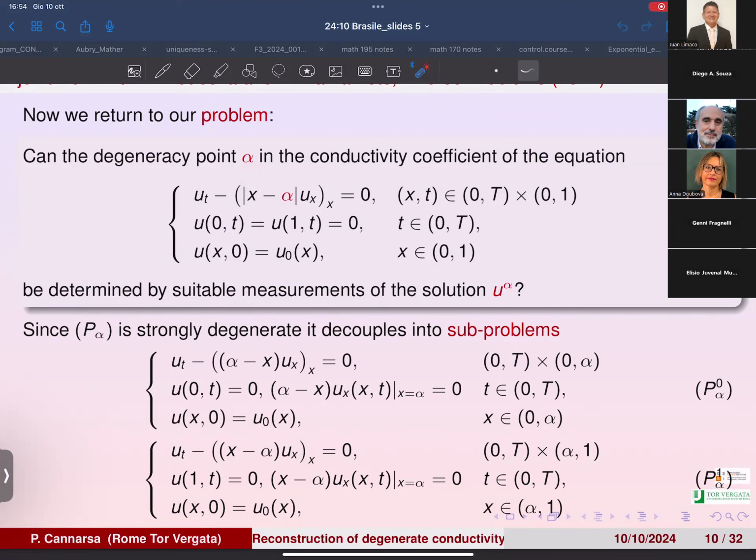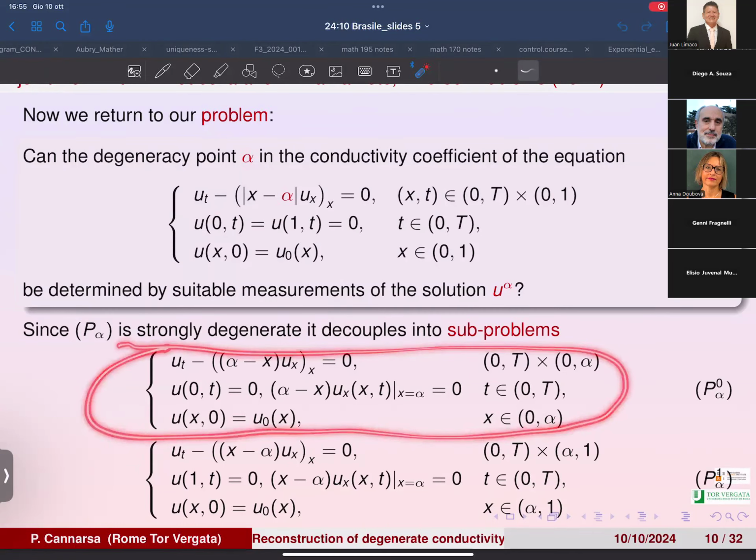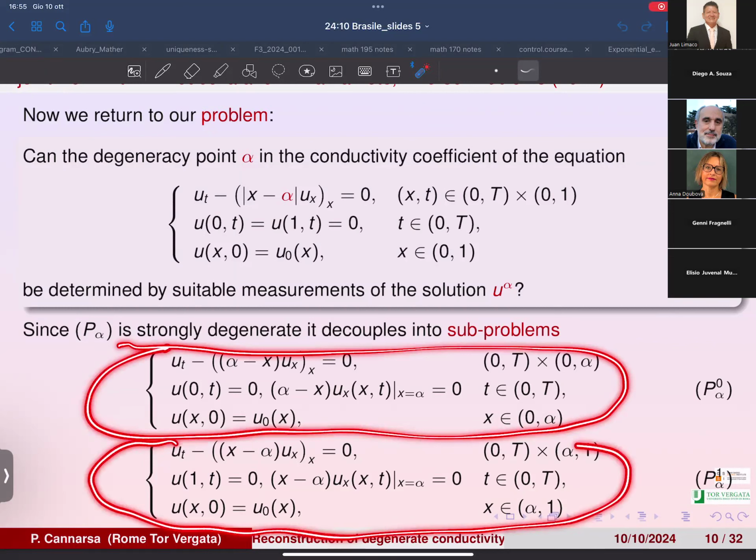You take the part to the left, the part to the right, and you have two problems which are independent. You can solve them independently, glue the solutions together, and you get a solution on the whole interval 0,1. This means that if we want to determine alpha, we can concentrate on one of these two problems, which are problems with boundary degeneracy.